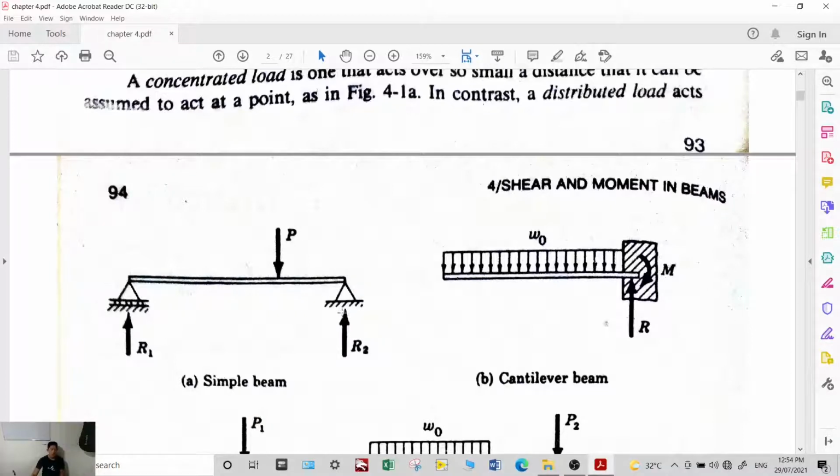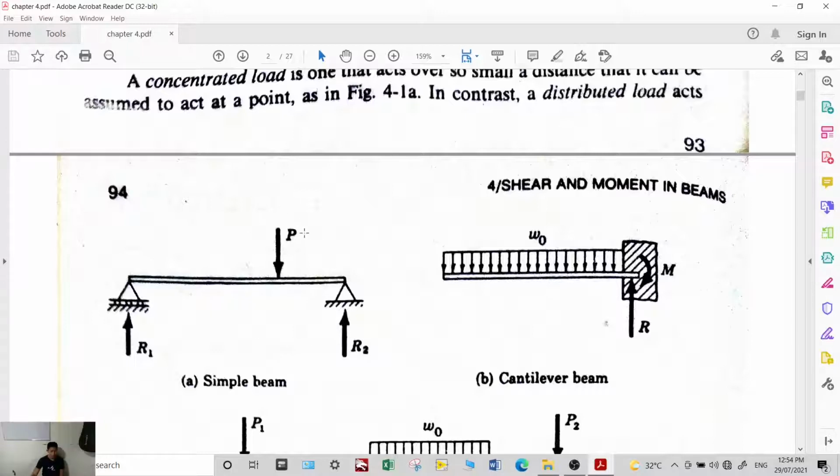The purpose of the roller is to guide the beam so it can move freely in the x direction. So it can extend whenever its temperature rises and it expands. Okay, so this is a simple beam.